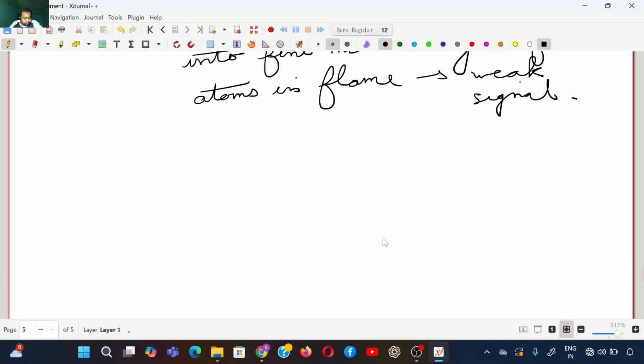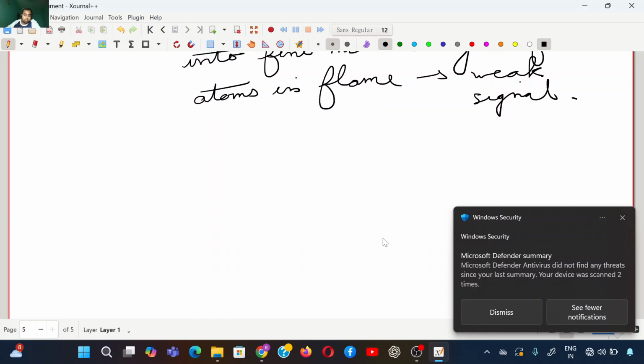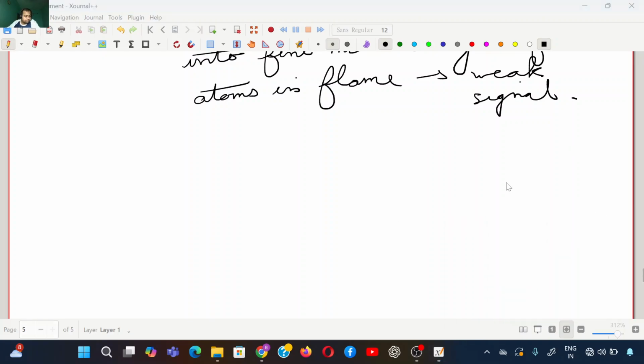But in the case of some organic solvents, they burn very strongly because there is an exothermic reaction involved, in which case the flame becomes hotter, and hotter flames break the compounds into free atoms more effectively, resulting in higher absorbance. These are just some of the things. I'm not writing everything down, but I'm just telling you so that you get an idea.